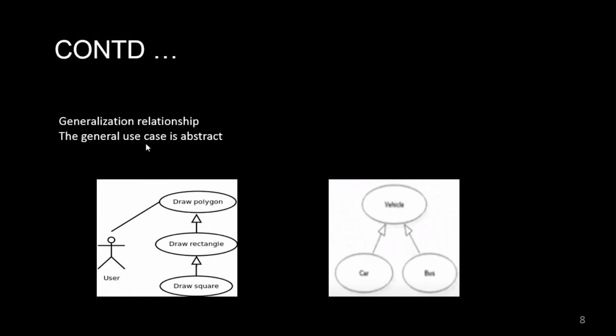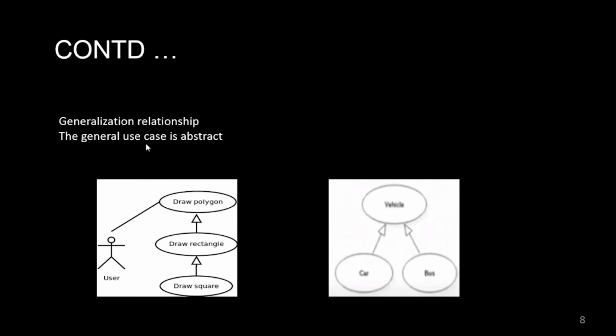A derived use case is more specialized in terms of functionality. It has all that it has already inherited from the base use case.